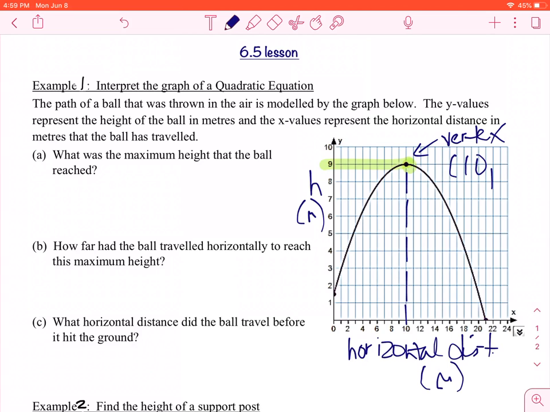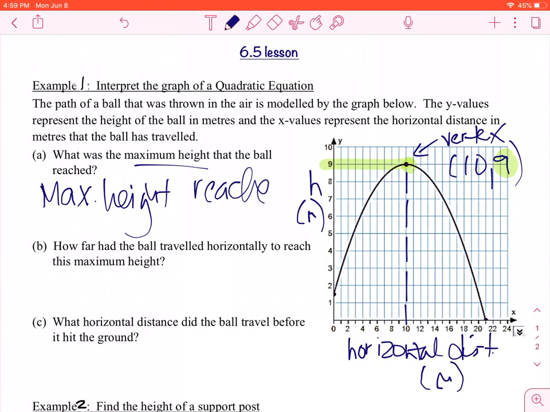The vertex, which I've connected here for you, is at (10, 9). The y value is what answers this question. So we would say max height reached at 9 meters. Always interpret it back to the units that the question outlines for you.